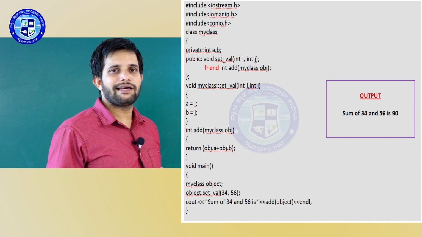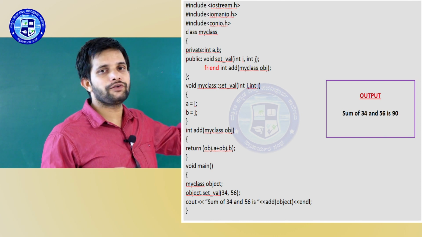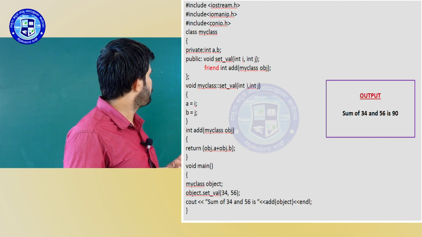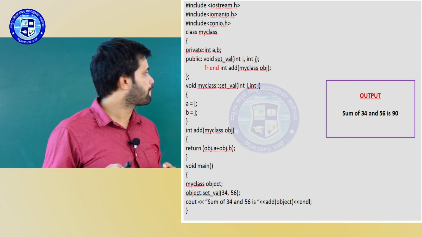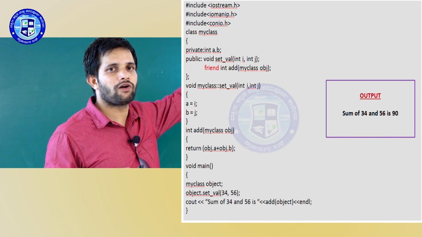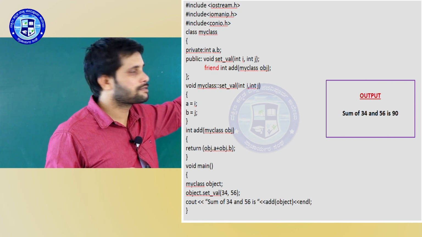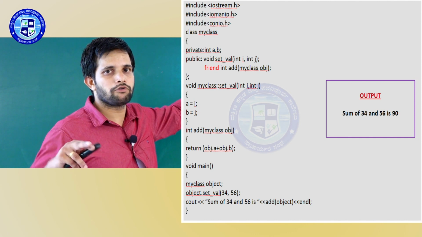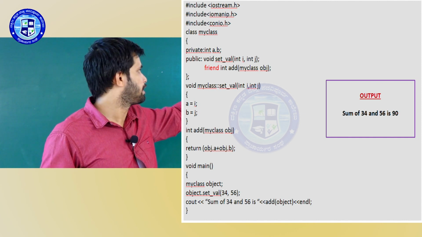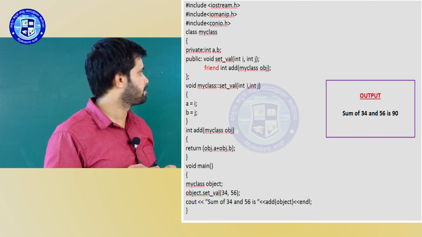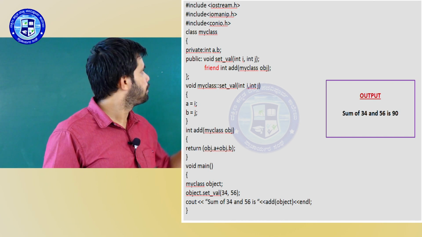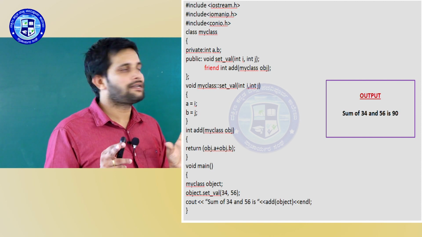Next I am going to declare a friend function here, because I am going to calculate the sum of these two values a and b. So how do I declare the friend function? I am supposed to use the keyword friend. The return type specifier is int, because I am going to calculate a plus b. Both are integers, so the return type is also integer. The name of the function I will take as add. And what is the argument I am having here?